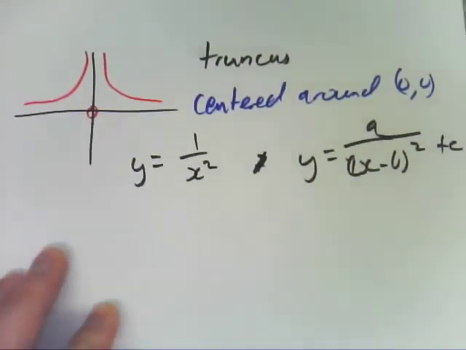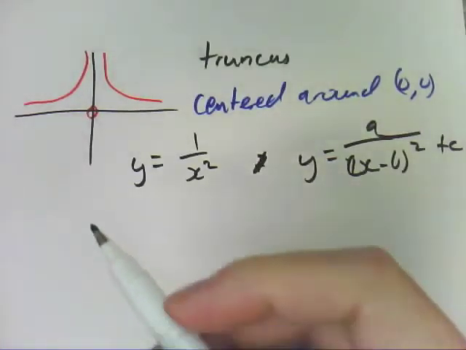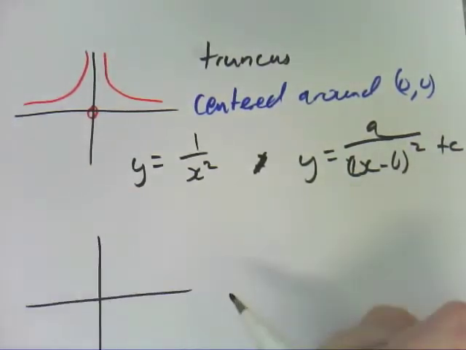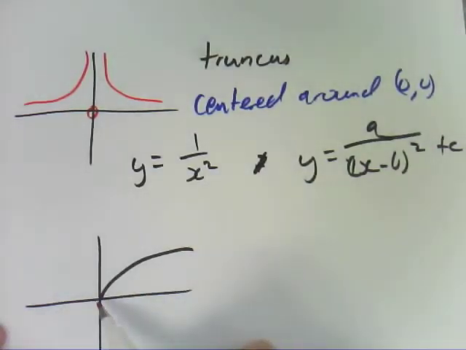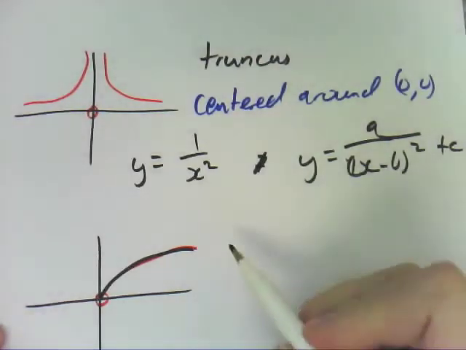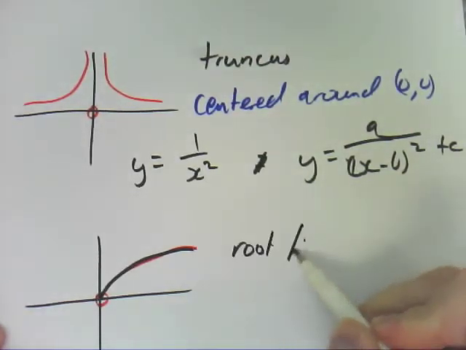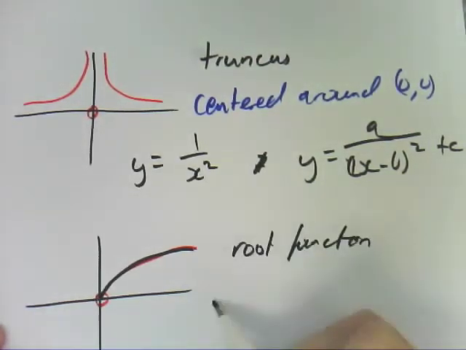And then there's one more you need to worry about, and that is the square root function, which starts at 0 and goes up like that. Again, I would center that one around 0, 0. So this is the root function, square root x.